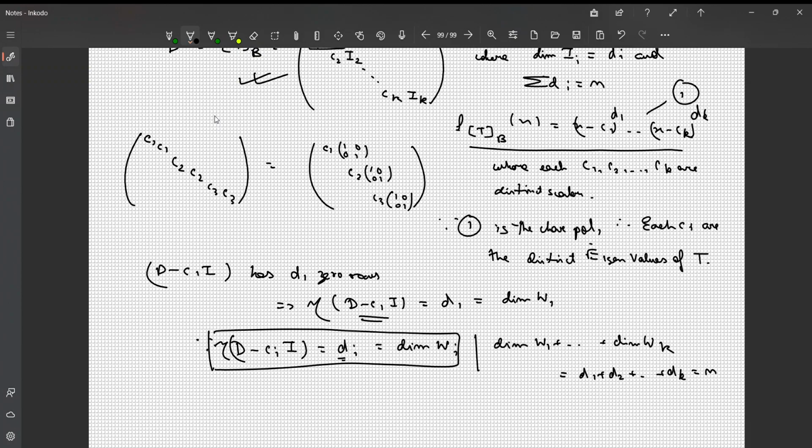Observe Di is the algebraic multiplicity of Ci respectively, right? So if the algebraic multiplicity of an eigenvalue equals the geometric multiplicity, then by the equivalent statement I had given, it would conclude that the linear operator or the matrix is diagonalizable, right?